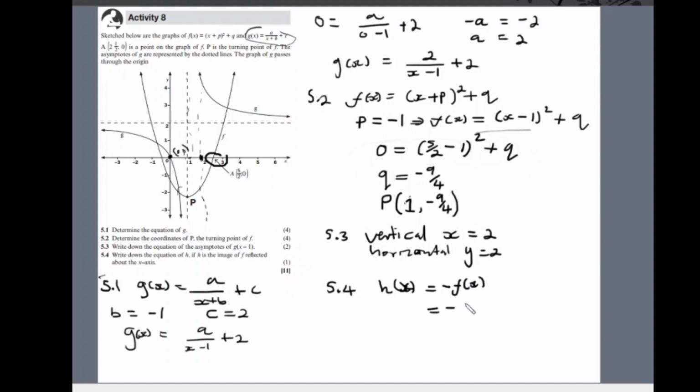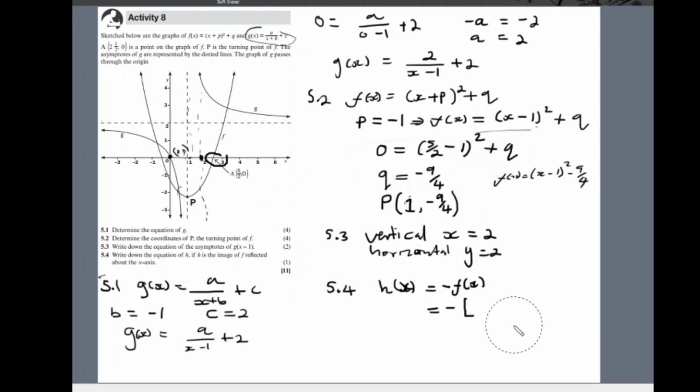So the equation of f is, from here we know what q is, -9/4, so f of x is equal to x minus 1 squared minus 9/4, right?